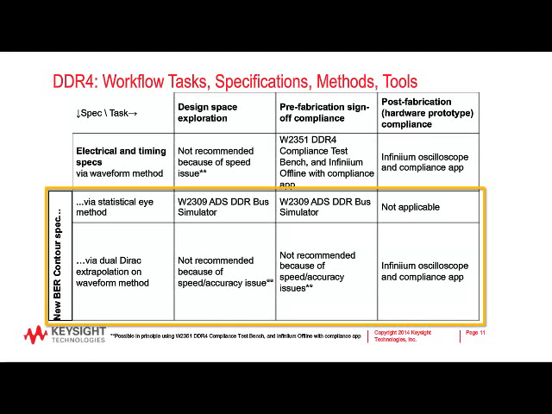Obviously you don't have that problem on the oscilloscope test bench because you're running in real time. The SPICE simulators typically will run 1 million times or 10 million times slower than real time, so it's very difficult to get enough bits to drive an accurate dual Dirac extrapolation. So we're recommending this new Statistical Eye method for the simulation world.